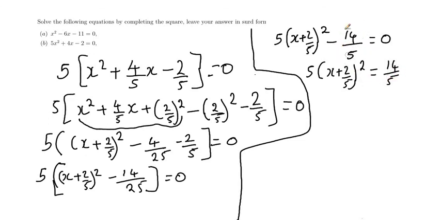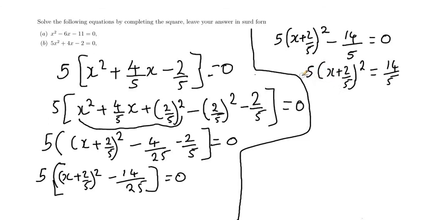We take this number and send it on the other side of the equation, and then it's going to be positive when it crosses the equal sign. So next, let's deal with this.